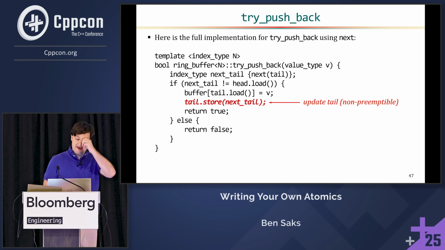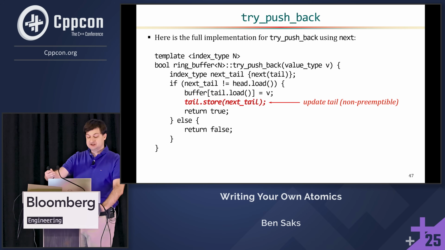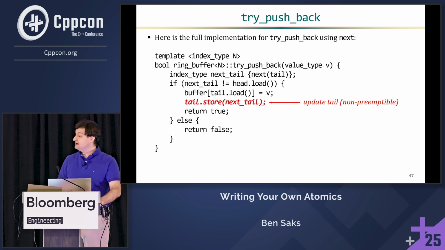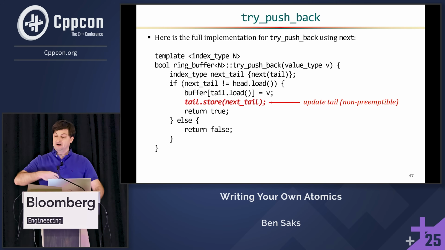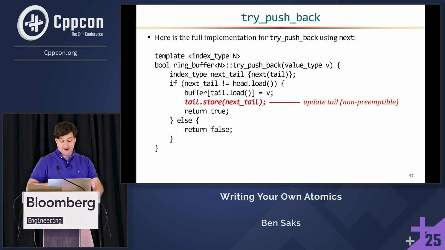It's just the tail and the head that need to be accessed in this non-preemptive fashion. Once I've actually gone ahead and written the new value of the new element, then I can go ahead and advance the tail index. And as long as I can do that in a non-preemptive fashion, then all of this should work out just fine.